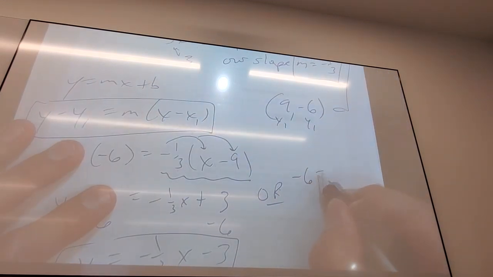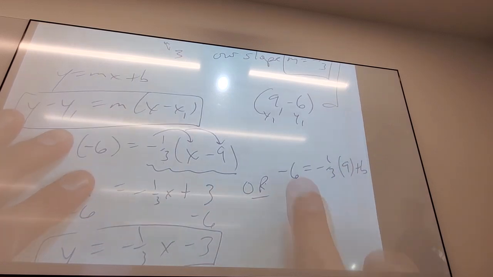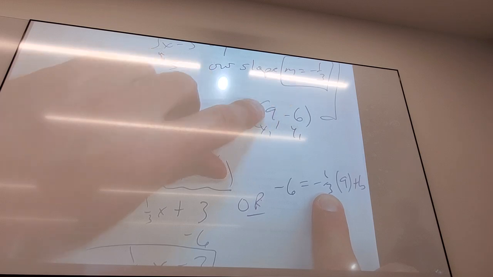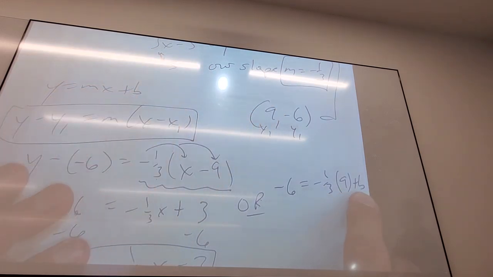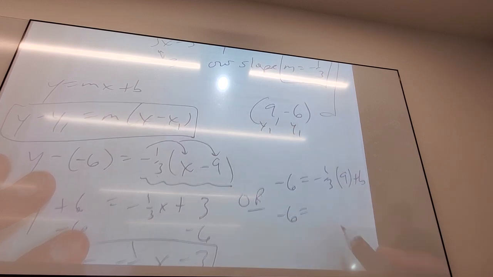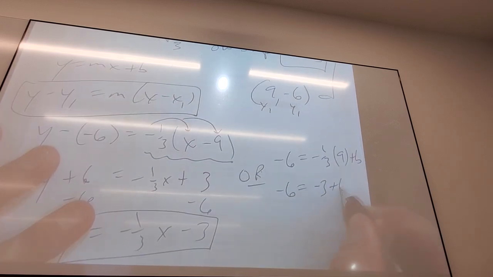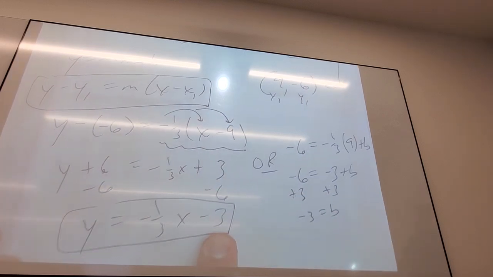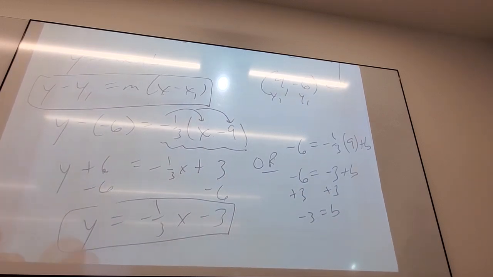Y equals mx plus b. Now I can solve for b. See if we get the same thing. Negative 6 equals, what's negative 1/3 times 9? Negative 3. If I add 3, I get b is negative 3. Bam. So that would be the same answer.